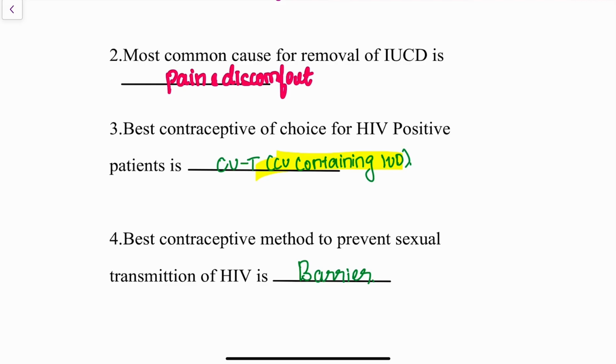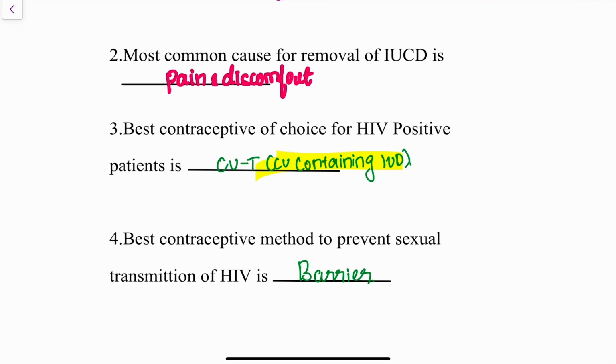Is that clear? Yes. But the best contraceptive method to prevent the sexual transmission of HIV is what? Please remember, always in order to prevent transmission of sexually transmitted diseases, a barrier contraceptive has to be used, because only a barrier contraceptive is going to prevent the interaction of the semen and the vaginal secretions.